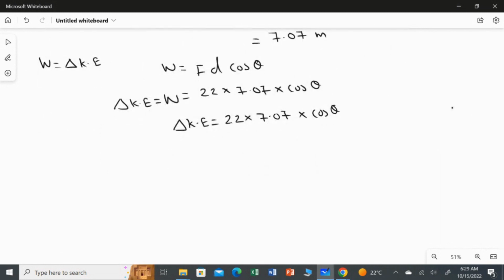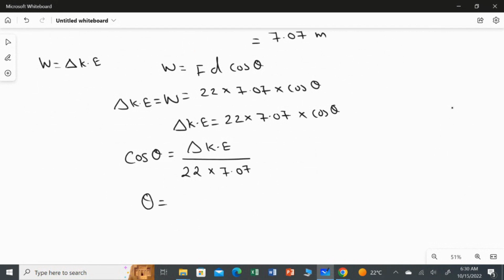Now I'm going to keep this cosine theta here. I'm going to bring all these 22 multiplied by 7.07 to the left hand side as the denominator. By that, the equation becomes cosine theta is equal to change in kinetic energy over 22 multiplied by 7.07.